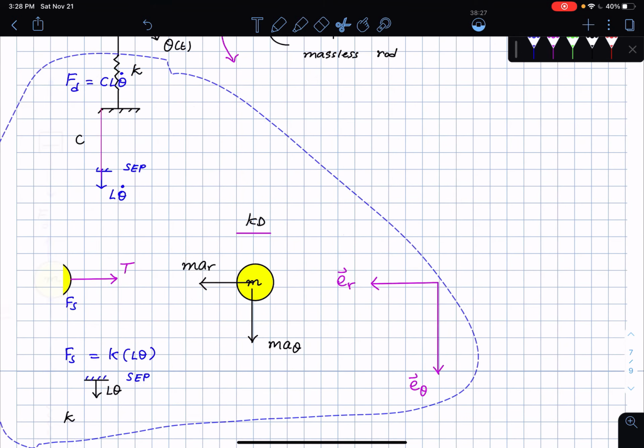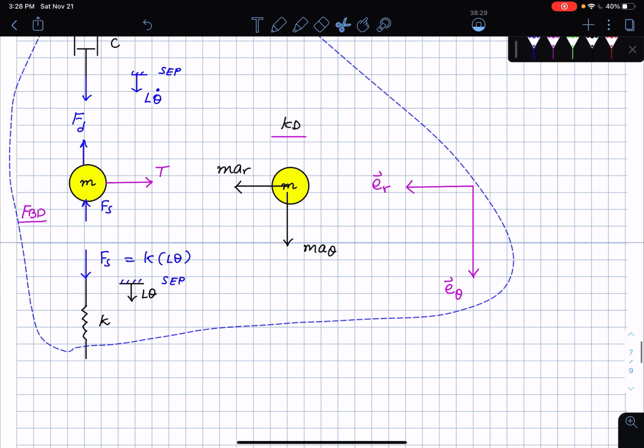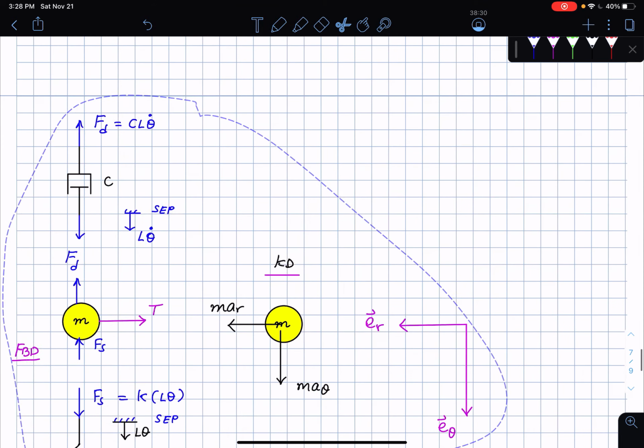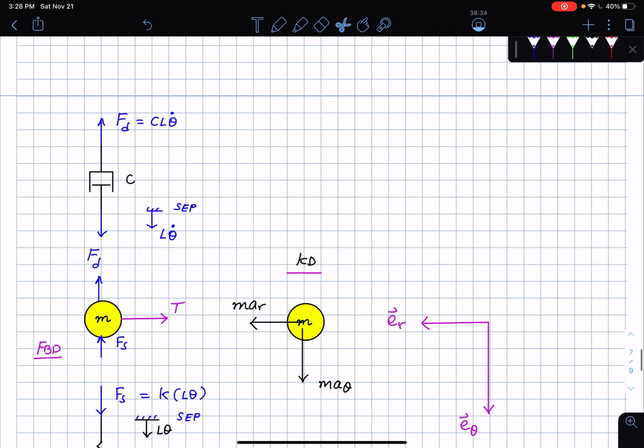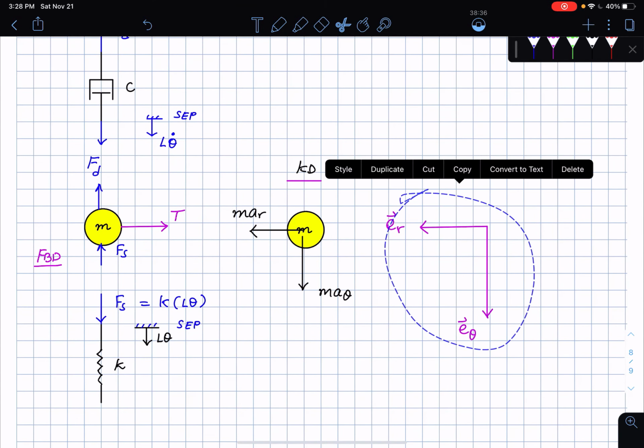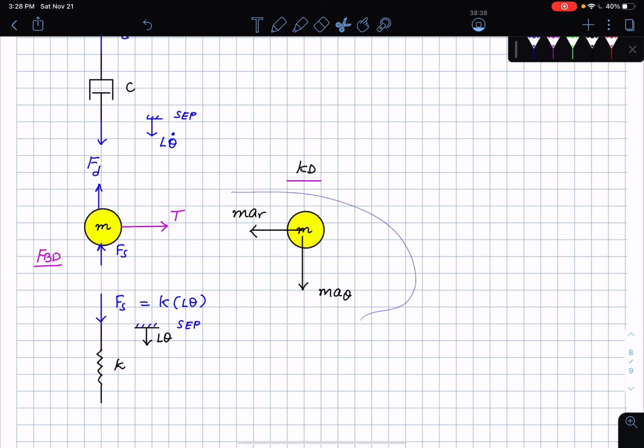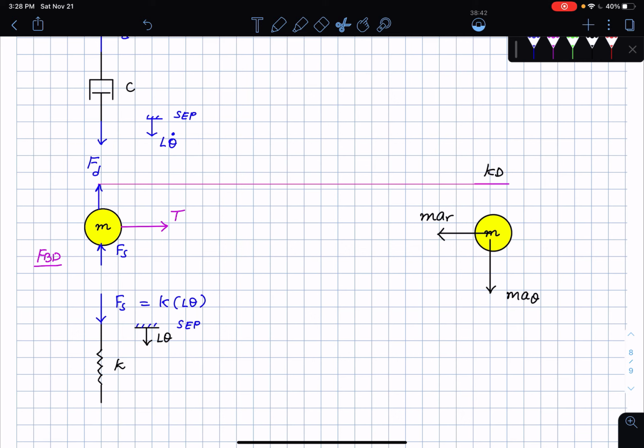May not have enough space to do it, but let me bring it to the next page. Okay, hang on. Now I will not be showing any of these. This one I'm going to bring onto the side here. Rather than show the tension now, here is what I'm going to show.